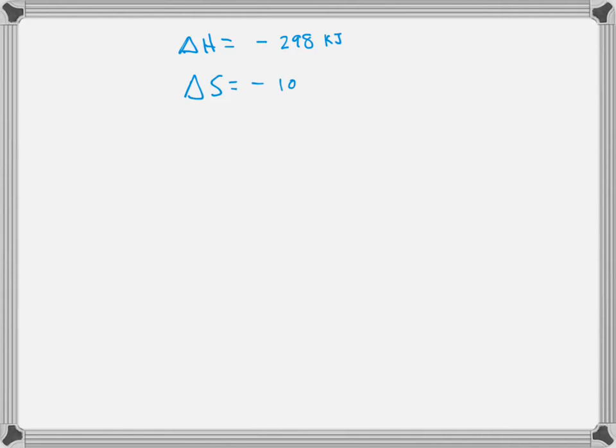Let's go with 100 joules per Kelvin. Okay? So we could be asked different pieces of information. Is it temperature dependent? Is it not? Okay, so determining temperature dependence, we could look at the sign and evaluate that yes, this does match one of those conditions. Our Gibbs free energy or our reaction will be spontaneous or non-spontaneous, dependent solely on the temperature.